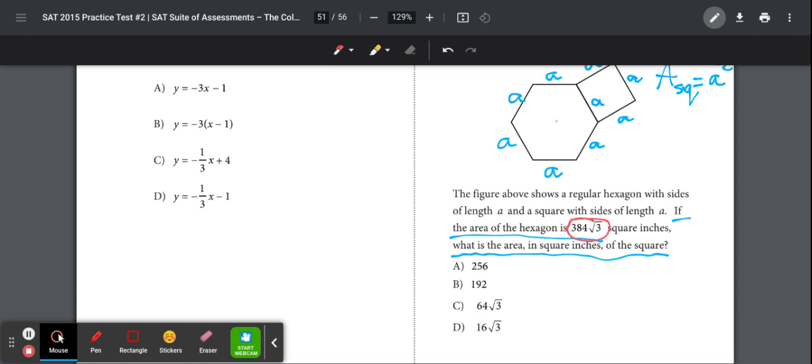Now, the area of a hexagon actually contains the area of 6 congruent isosceles triangles. So the area of one small triangle, one of the 6 triangles, is going to be 384 radical 3 divided by 6.